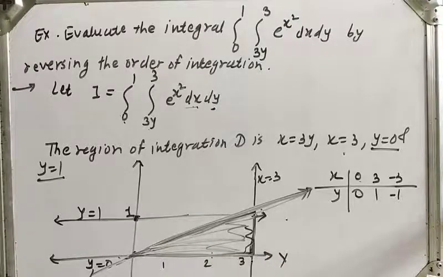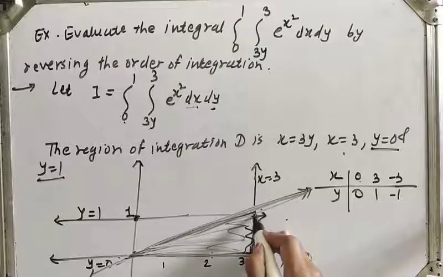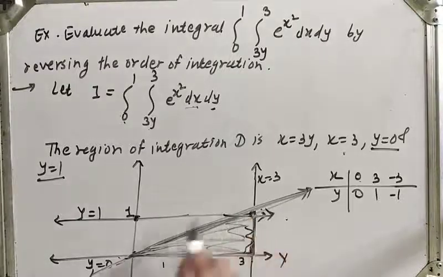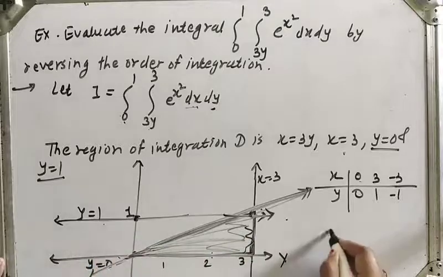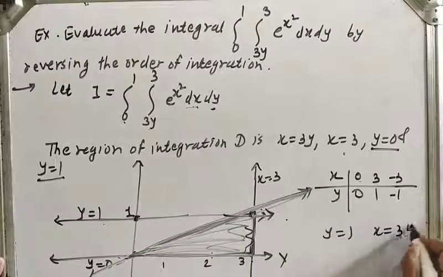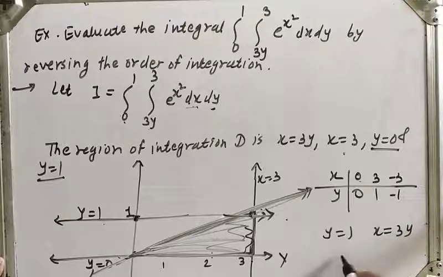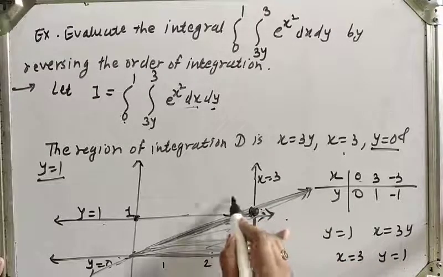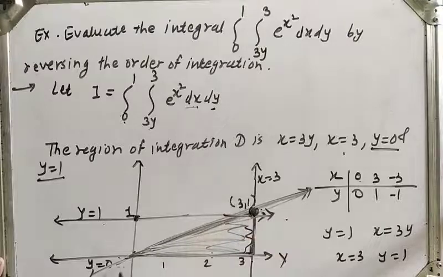Now what will be the point of intersection of y is equal to 1 and this straight line, that is x is equal to 3y? From this x will be 3. If x is 3 then y will be 1. So this point will be (3, 1) and this point of intersection is (0, 0).